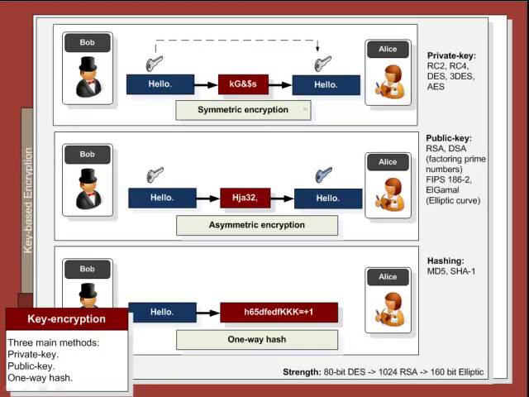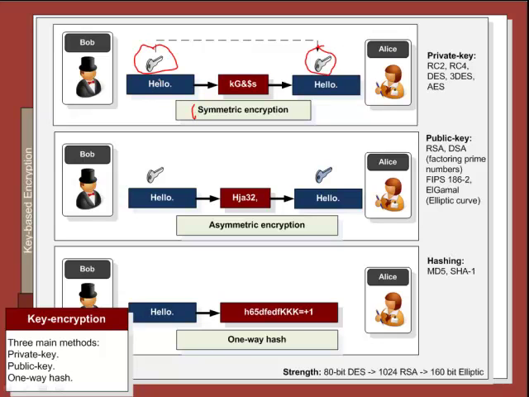The three main classifications that we have for encryption include symmetric key encryption. With symmetric key encryption we use the same key to encrypt as we do to decrypt. It's a little bit like having a door with a lock where we open it with one key and we close it with the same key.